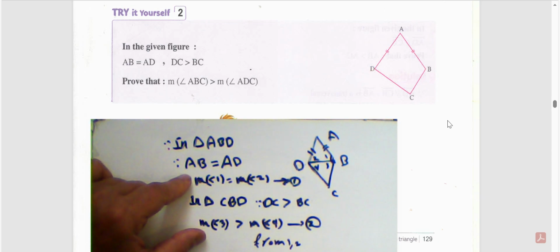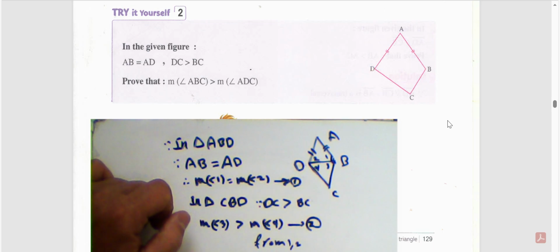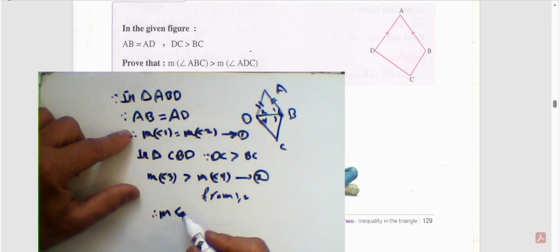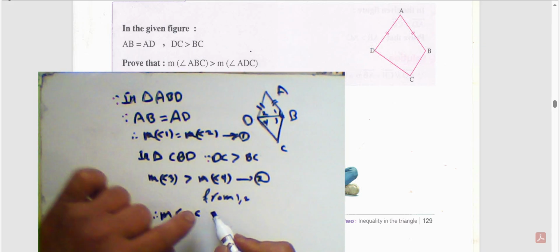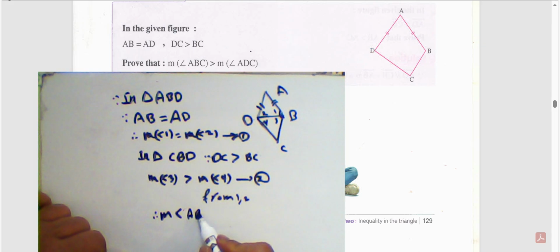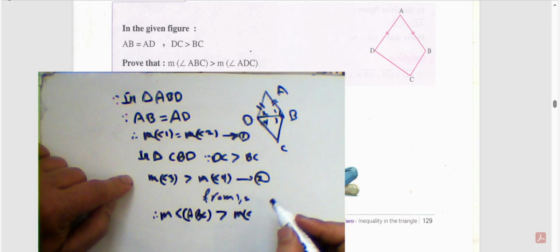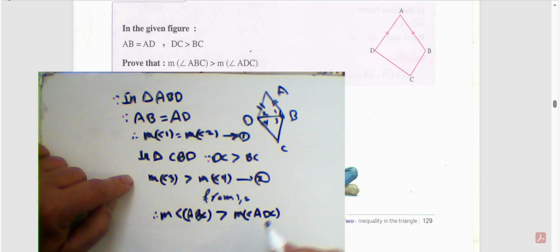The measure of angle 3 plus 1 will be ABC. The measure of angle ABC is greater than 4 plus 2, which is ADC.